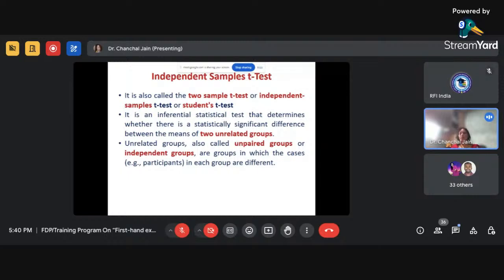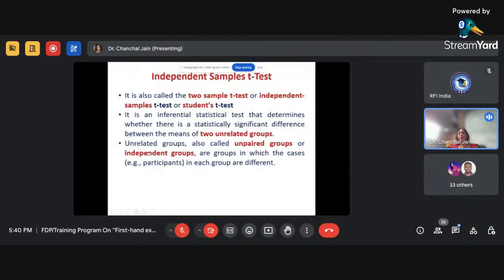So the basic condition is that you need to have two groups, and those groups should be unrelated to each other, and then you can find the significant mean difference in the particular variable you are measuring, right? So this is the independent samples t-test. Then in the next point you can read the meaning of unrelated groups.